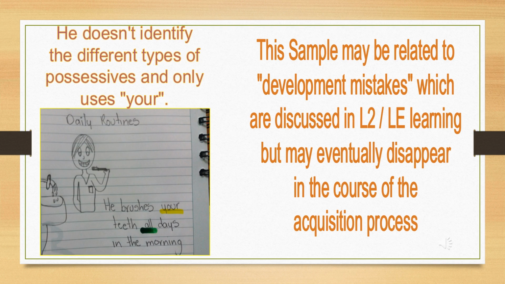There's no agreement between the pronoun and the possessive that the student used. We can see that the student hasn't been able to identify that agreement between the pronoun and the possessive is something he has to look for, that he has to use. So we can tell that this is a development mistake.